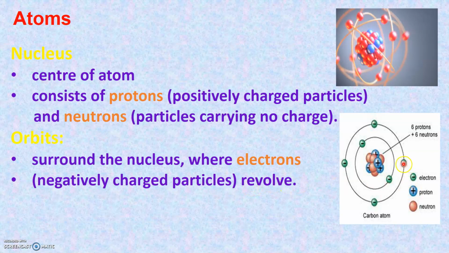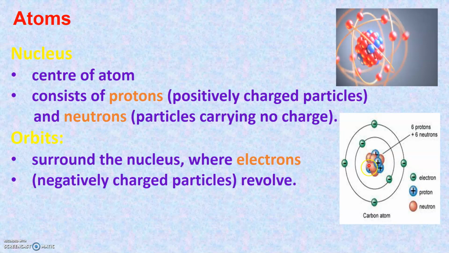Look into the picture here. This is the representation of an atom. This that you can see at the center is the nucleus of the atom. Nucleus consists of protons and neutrons. Protons are positively charged particles that are represented with a plus sign.